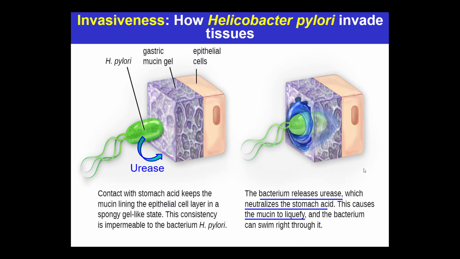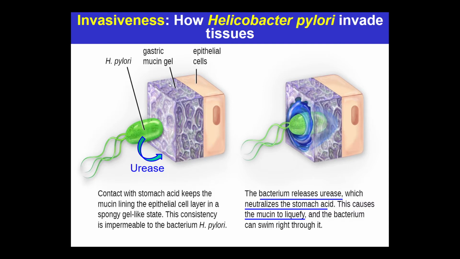In this slide, you see how Helicobacter pylori invades tissues in the stomach. Helicobacter pylori is shown as the green bacterium with three flagella. To cause damage to the human cells, it must intimately contact the epithelial cells of the duodenum and the stomach.